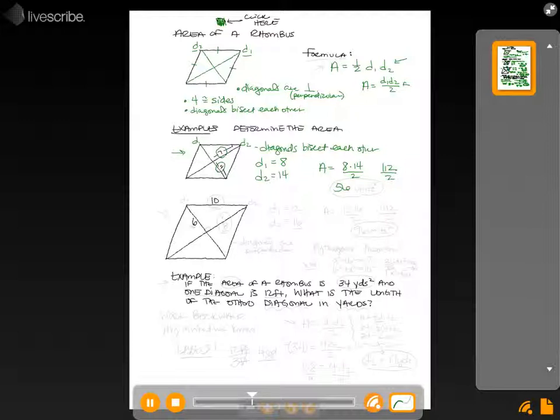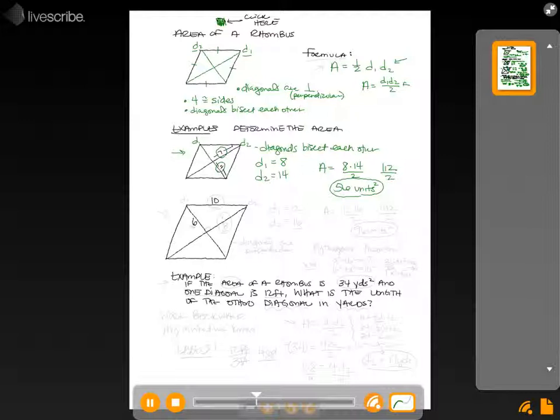There's no label on this one, so we're going to leave it generic and say units squared, because we are talking about area. Pretty straightforward, but we do use that idea that the diagonals bisect each other in order to figure out the answer to this problem.